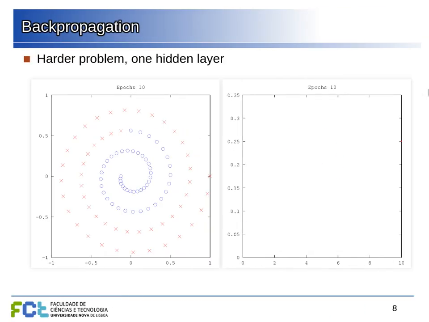If we have a more complicated problem, in this case a more intricate mix of these crosses and circles, using one hidden layer, the error goes down here at first, but then it stabilizes and the network cannot learn to separate these classes.